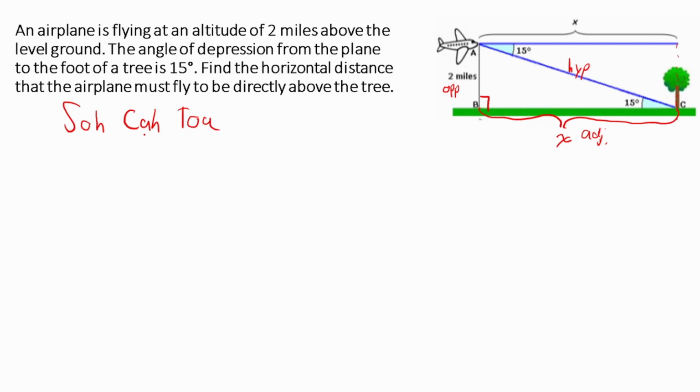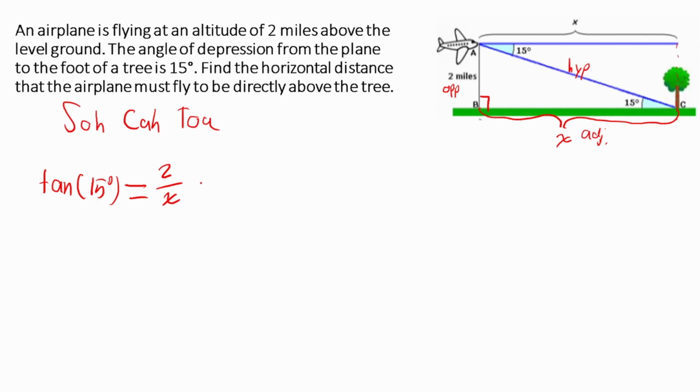So, no. Ka, no. Toa, O and A. So that means we have to use our tangent, right? So we could write this as tangent of what's our angle measure? It's 15. So tangent of 15 degrees equals my opposite over adjacent, so 2 over x.